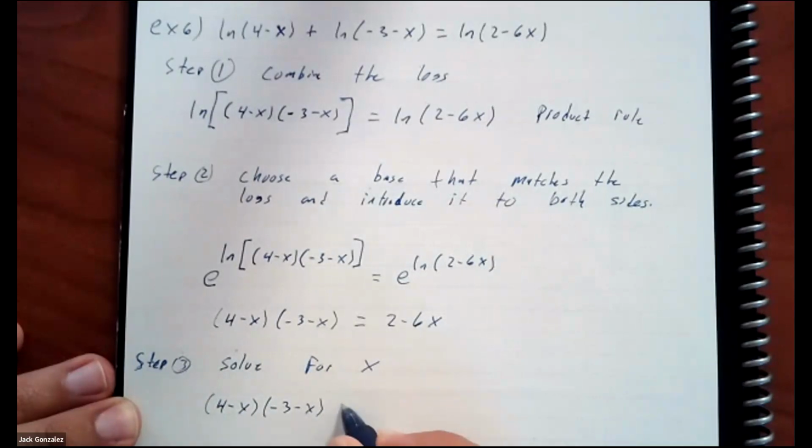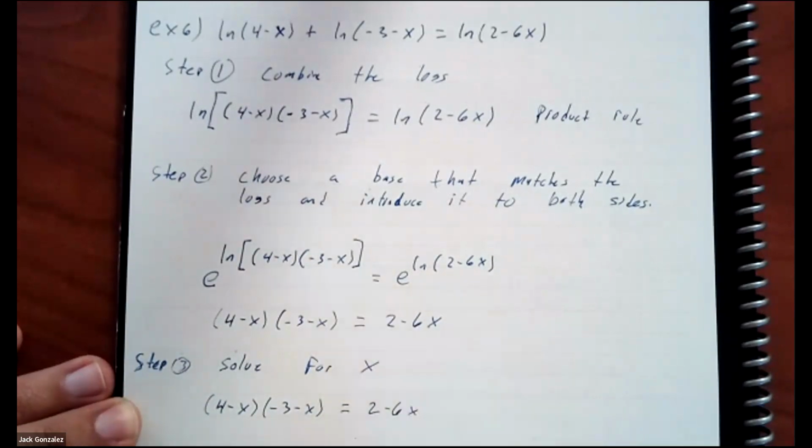Just multiply it out. So this will be what? Negative, yeah, negative 12.